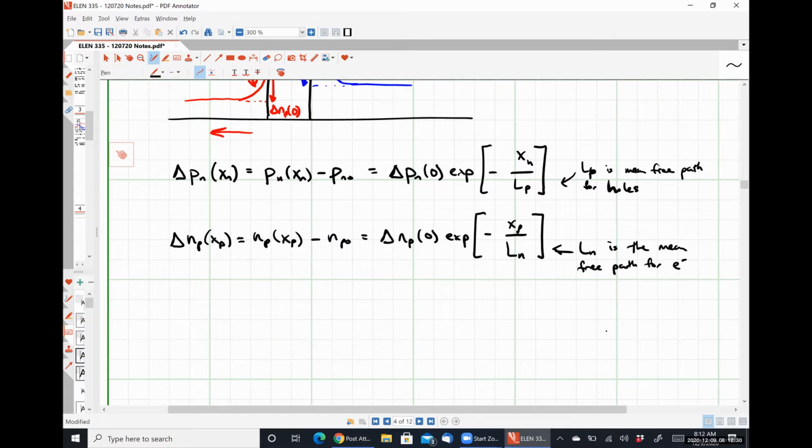So the diffusion current density for holes is negative q times dPn(xn) with respect to xn, which is negative q times d delta Pn(xn) with respect to xn. And do I have enough room here? I think so.